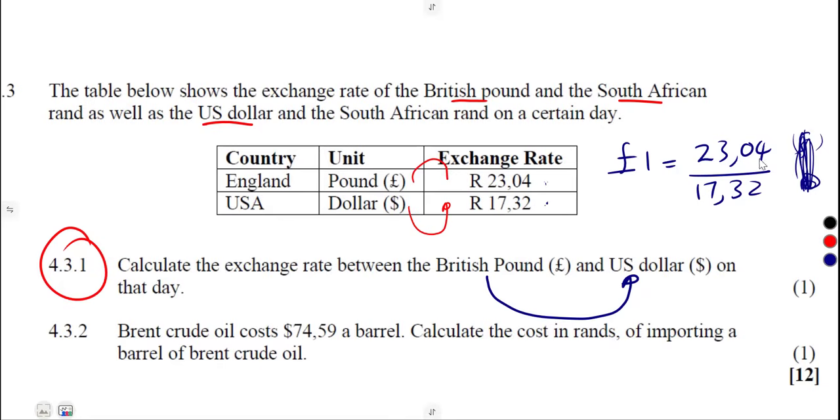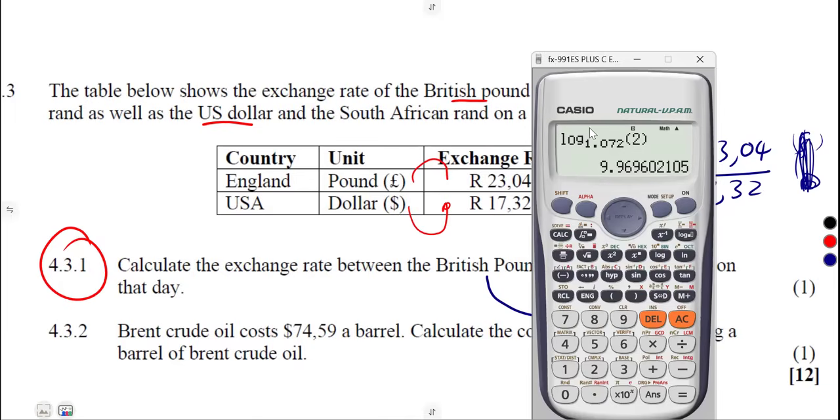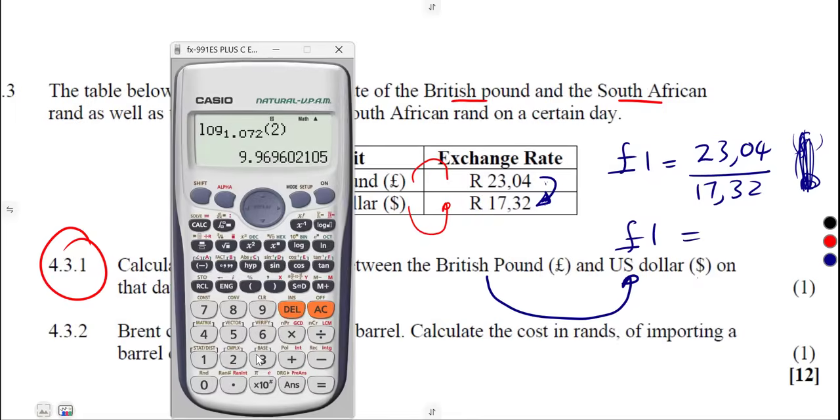So that is the idea. You just divide those as they are, the British pound to the US dollar, as long as it is the same currency that you're dealing with there, you can work with that and divide. So it's gonna be 1 pound equivalent to the US dollar. How many? That's gonna be 23.04 divided by this. Let's see.